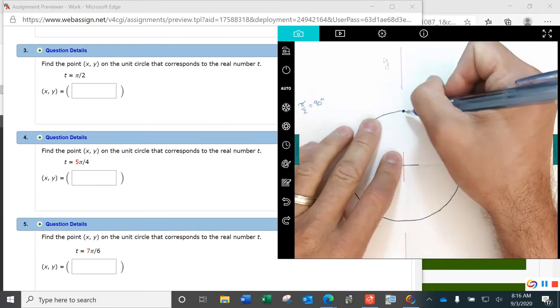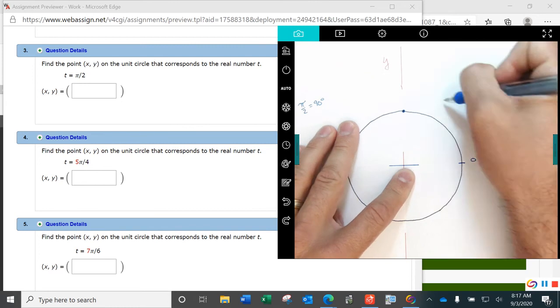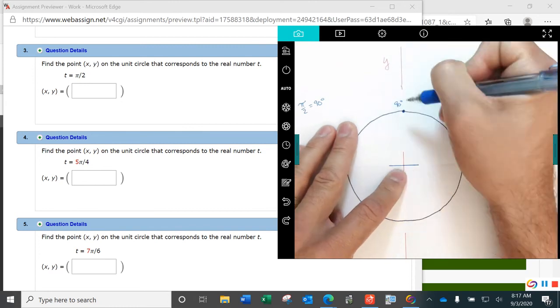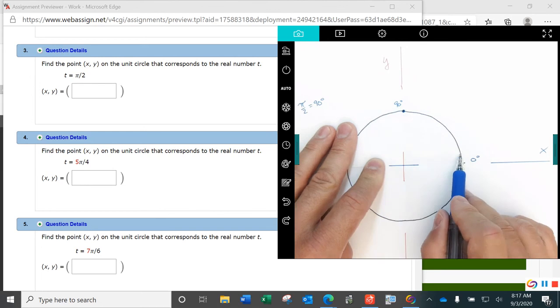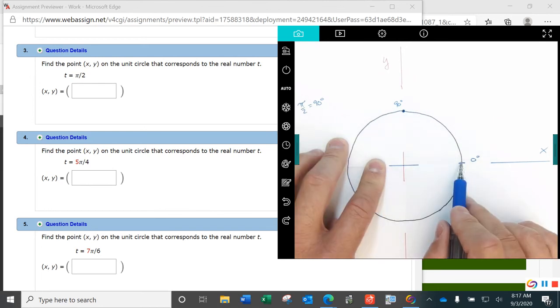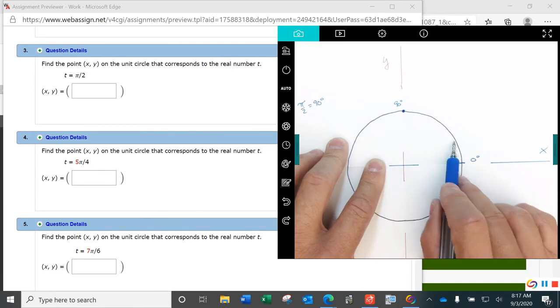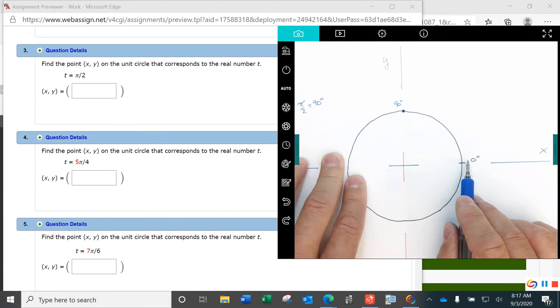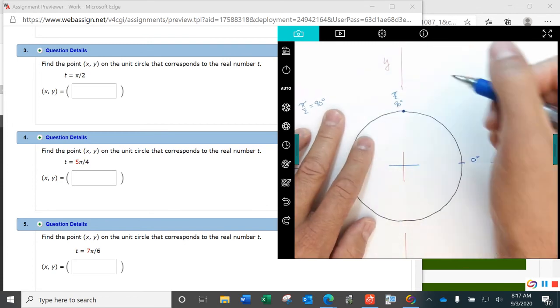So when we start out here at 0 degrees and rotate around to 90 degrees, we're talking about this angle right in here, which corresponds to the arc length of pi over 2. Remember, that's approximately 1.57. So 90 degrees and pi over 2 are the same exact thing.